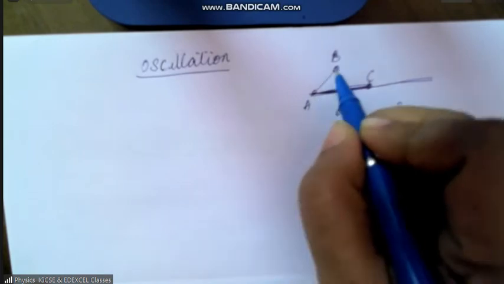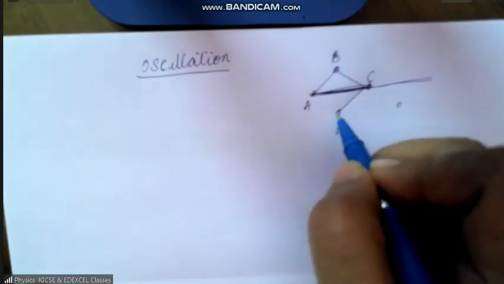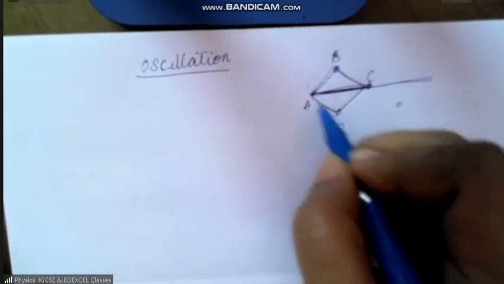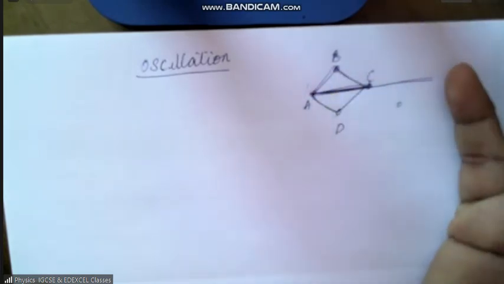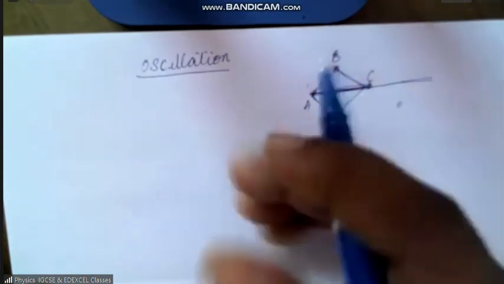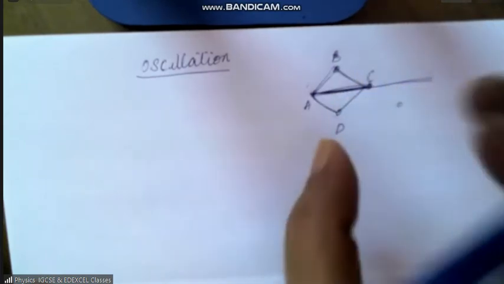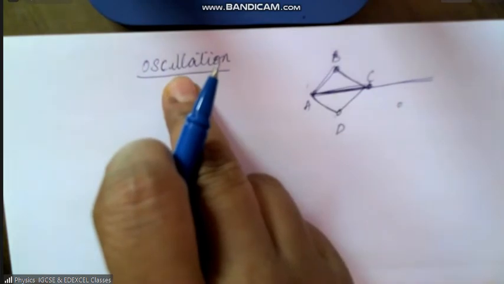If this gets repeated, that is another periodic motion. Any periodic motion, something which gets repeated regularly, is called an oscillation.